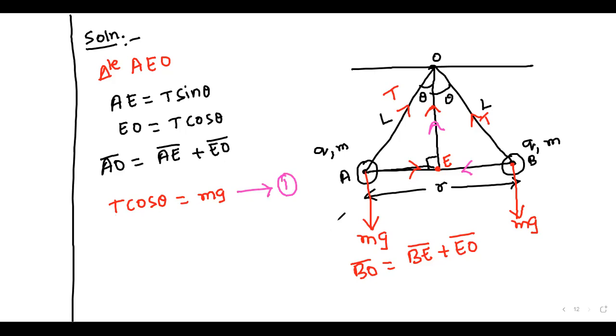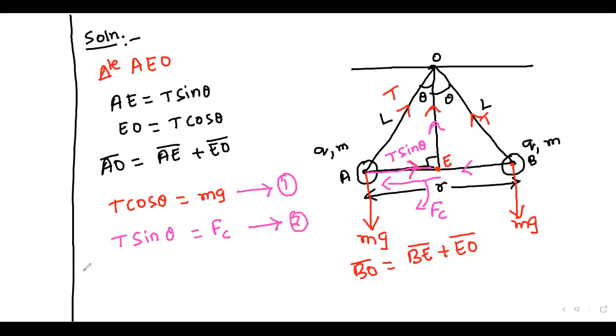Okay, now you can see this side. We have T sin theta, and on the opposite side we have the Coulombic force Fc. So T sin theta is equal to Fc, called equation 2.